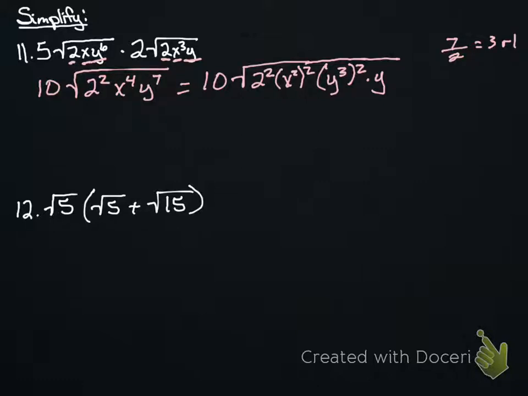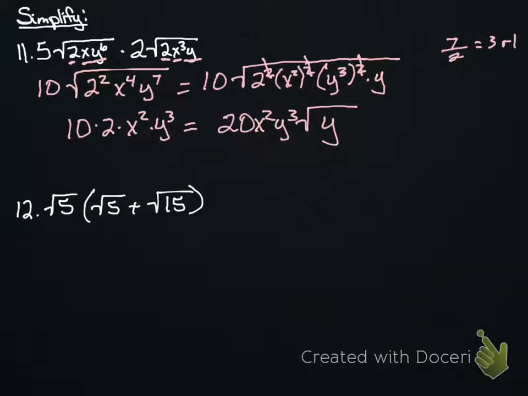Now my radical and my exponents cancel each other out on 3 of these factors. So I have 10 times 2 times x squared times y cubed. So 10 times 2 is 20 x squared y cubed square root of y.